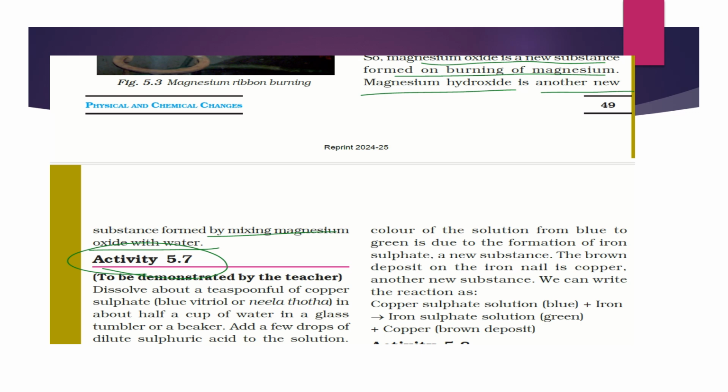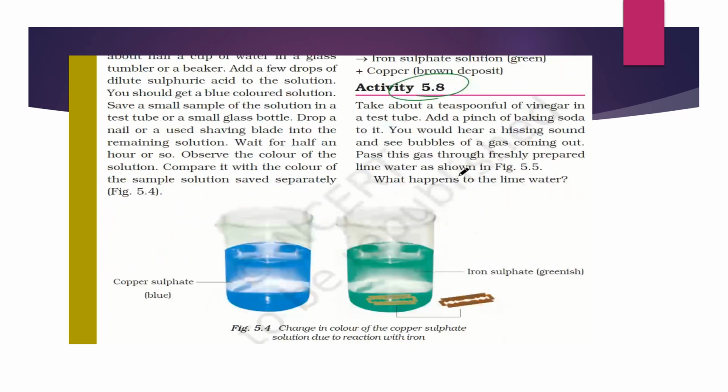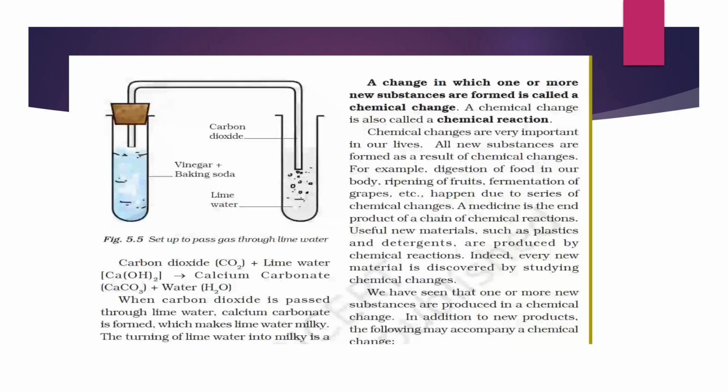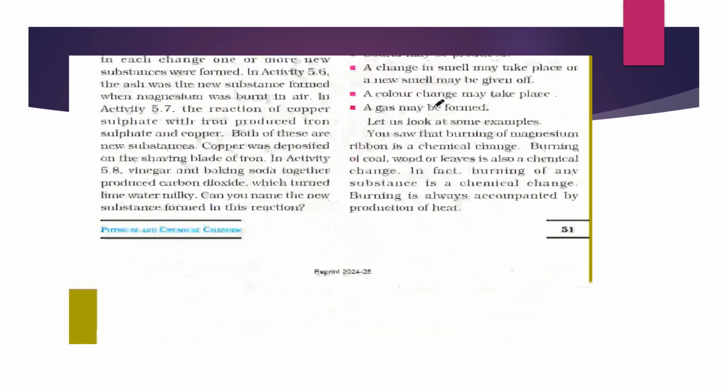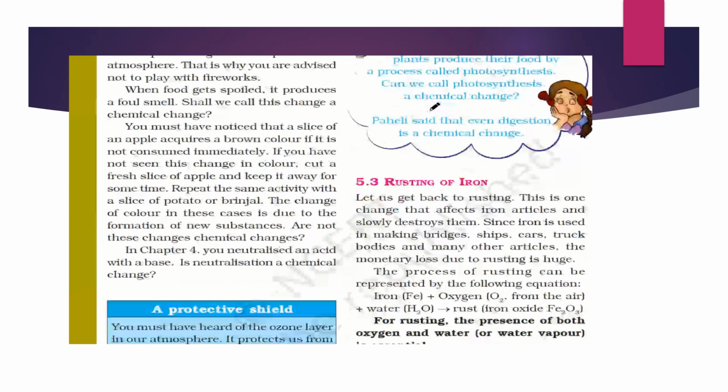Now we will move on to 5.7, right? This 5.7 activity, 5.8 activity and other activities we will be studying in the next class, and these are all under chemical reactions or chemical changes, because if we study so many activities today, it will be very difficult for us to remember all the activities and also perform them.